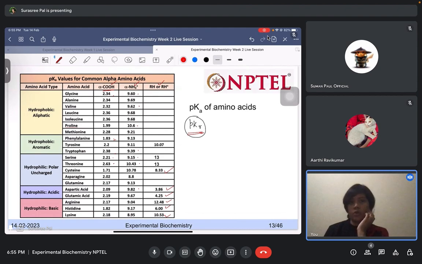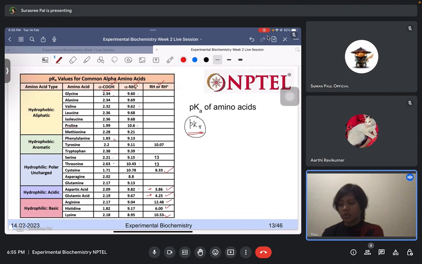And considering the R groups now, the acidic R groups, like for example aspartic acid and glutamic acid, also have low pKa values because they have these acidic groups which release the proton first. Their pKa values you can see in the range of 3.86, 4.25, the acidic amino acids, right? Whereas the R groups of the basic amino acids have amino groups which will release protons later, so they have higher pKa values.